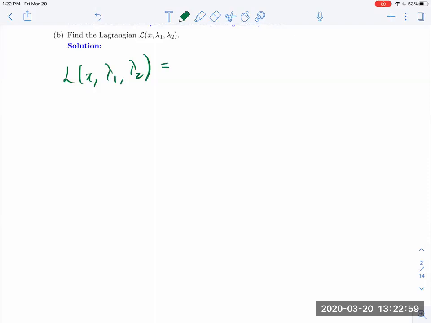So why don't you take a minute and figure out how to find the Lagrangian. Feel free to discuss, show work.